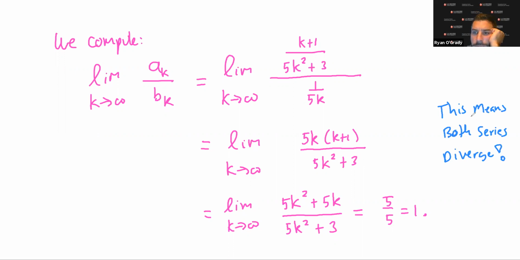Again, why do both? Because the limit comparison test says that if you take the terms of a divergent series, which these b sub k's are, and you compare them with an unknown series, and this limit is a finite number bigger than 0, then they both diverge.